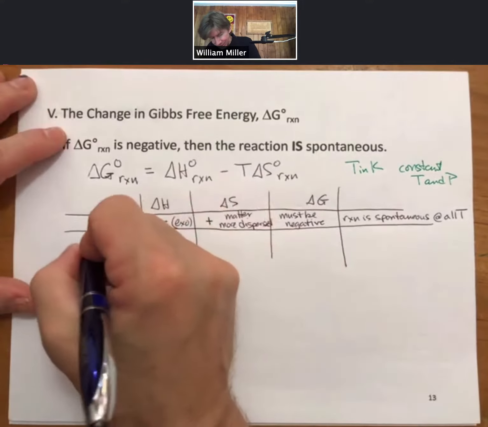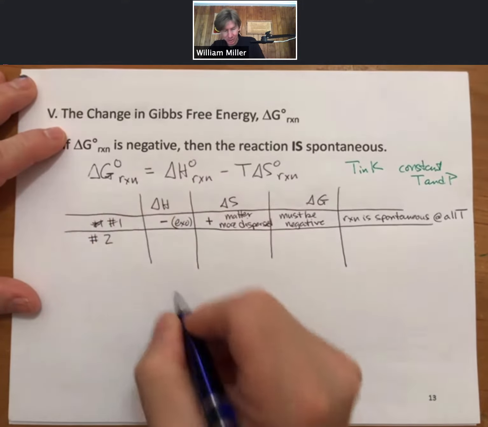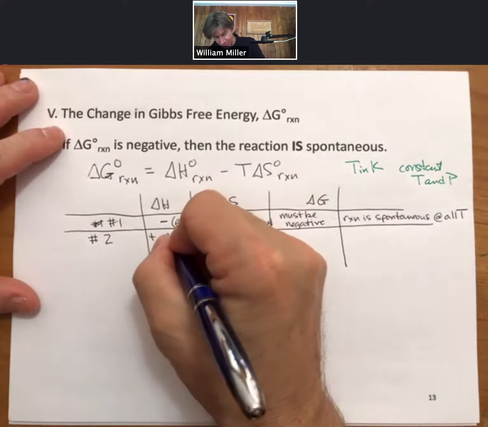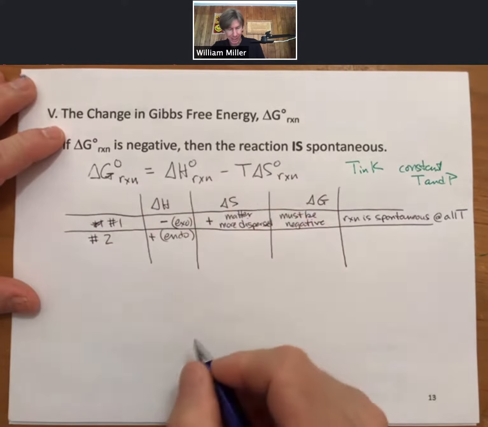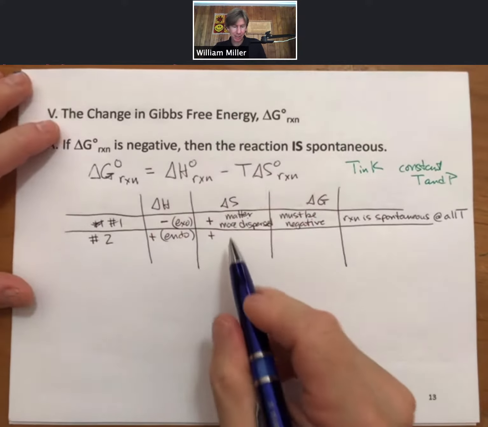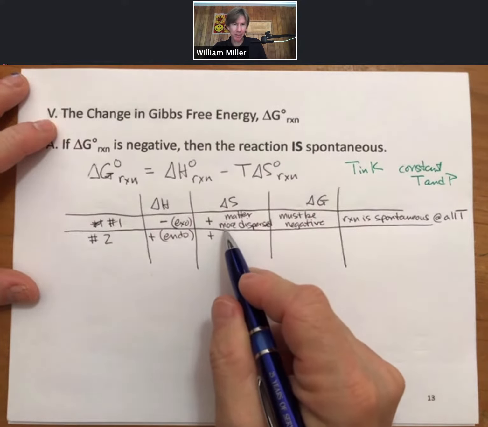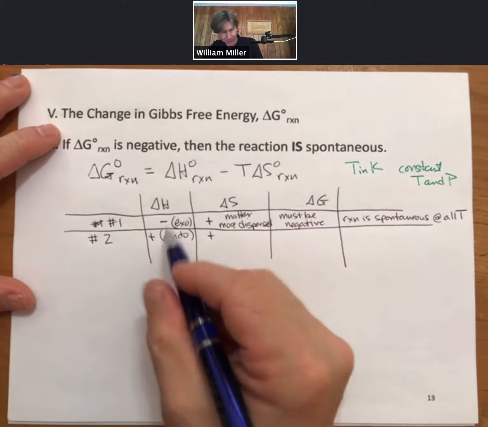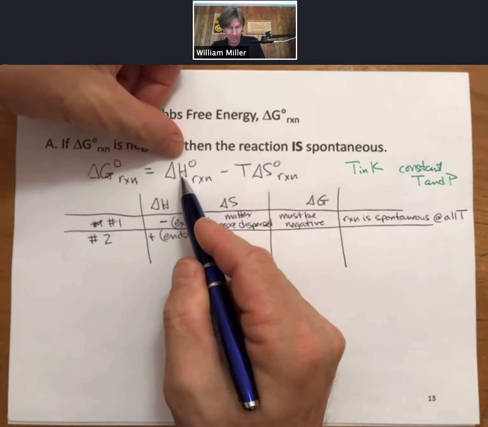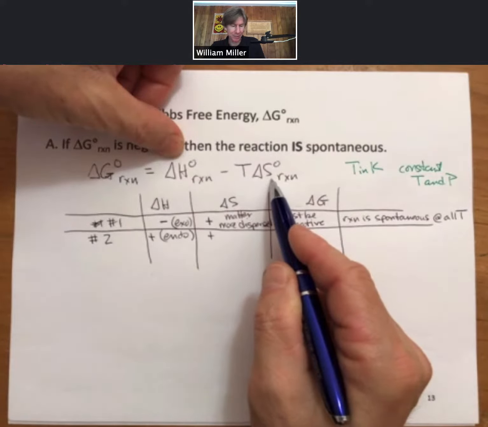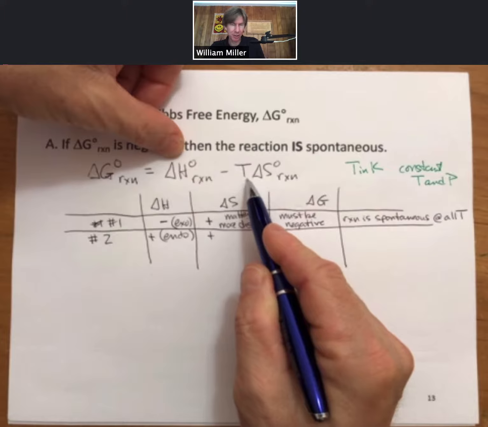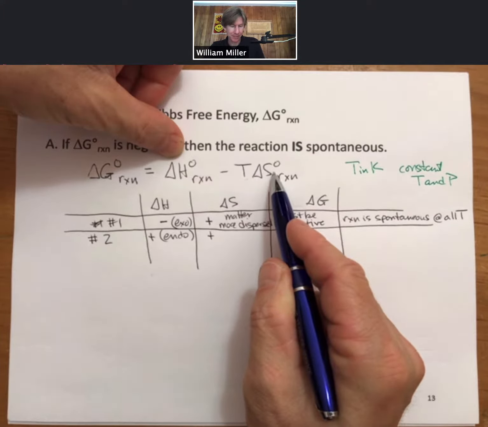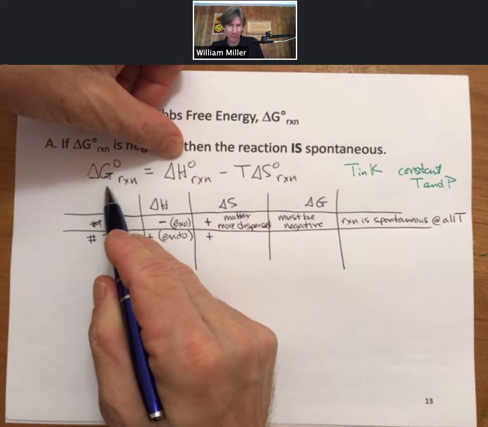All right, so let's do number 2 now. Number 2 is going to be positive delta H, which is endothermic, and positive delta S, which means matter is still more dispersed. And what we can say is, if this is positive and this is positive, there is some temperature, we don't know what it is, but above that temperature, delta G will be negative.